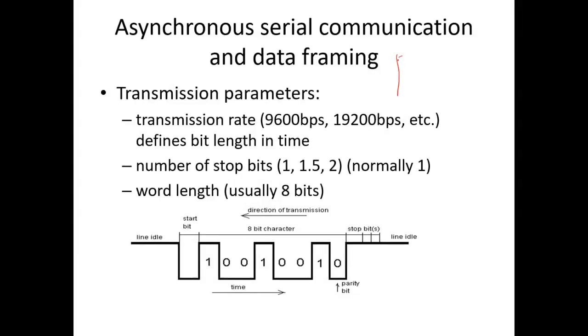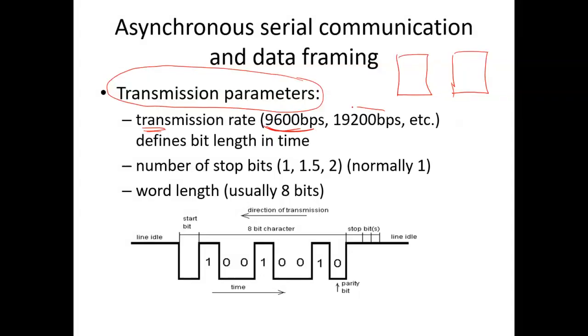Now, if two devices are connected together, they should share the same configuration, the same transmission parameters. That's why we have a standard for the transmission parameters. They should have the same transmission rate, for example 9,600 bits per second or 19,200 bits per second, etc. They have to use the same number of stop bits.